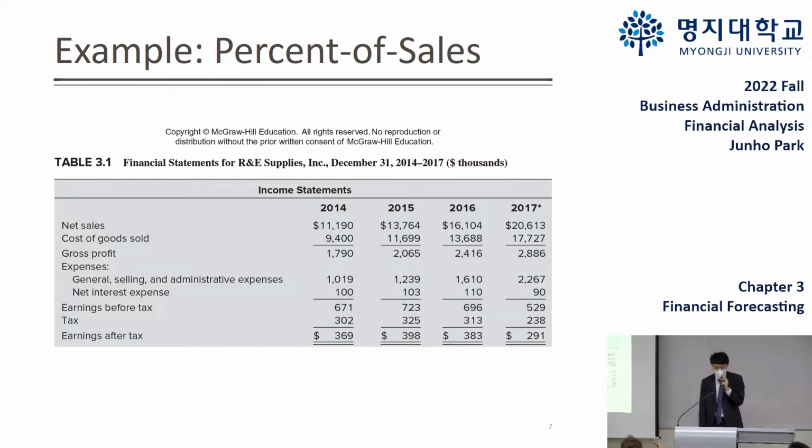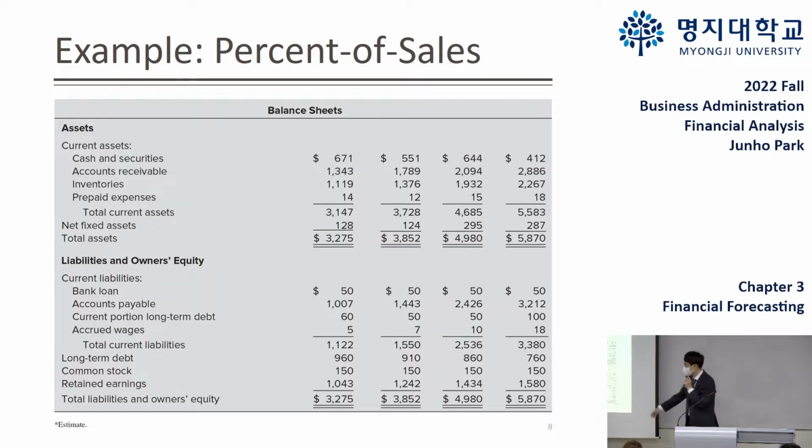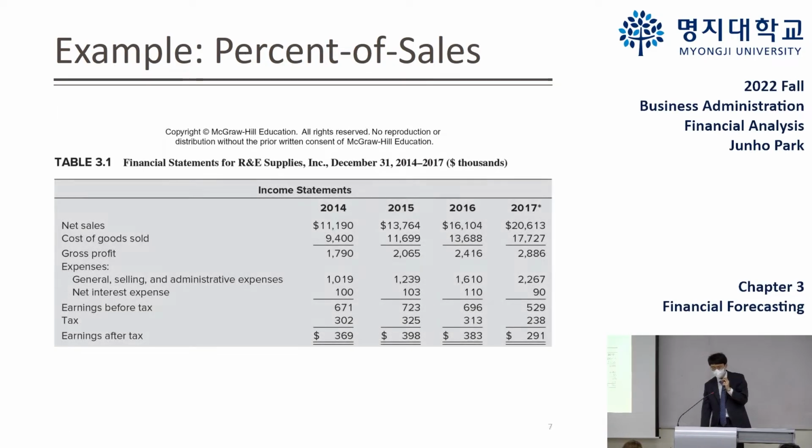And here are the financial statements for R&E, and we are using their financial statement information from 2014 to 2017. And here you can find the star next to 2017, and this is written as estimate. This is because we are assuming that we are in the year 2017.